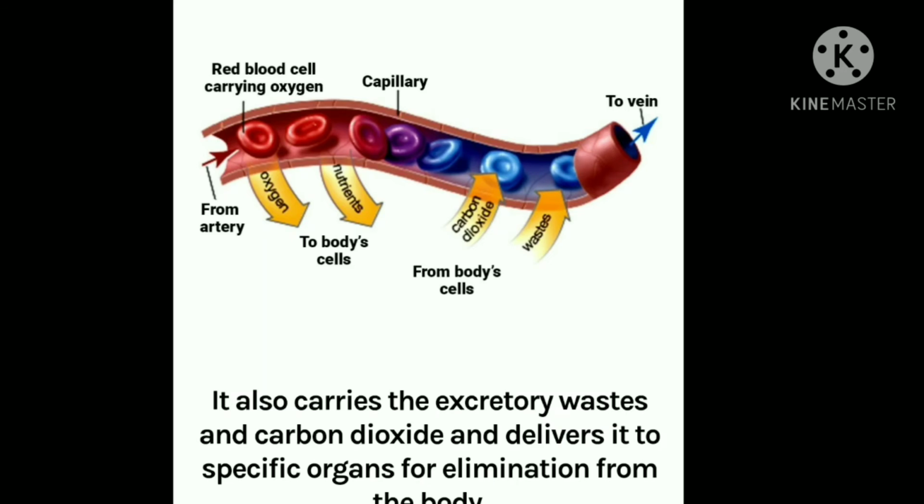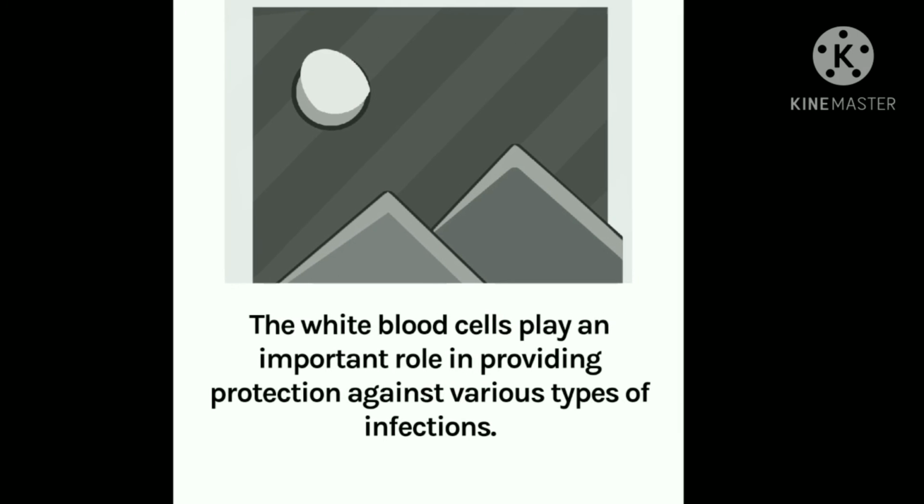The carbon dioxide is released in the lungs. The poisonous or excretory waste is released in the kidney. So in this way, the blood carries the excretory waste as well as the carbon dioxide and delivers it to the appropriate organ for elimination from the body.